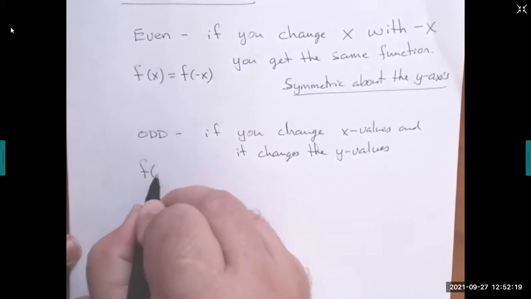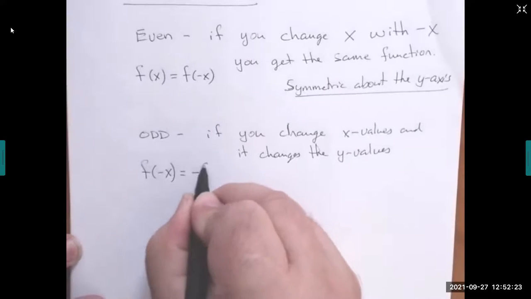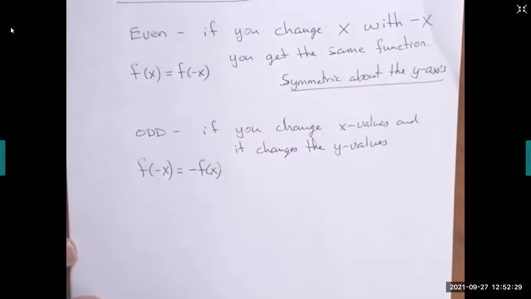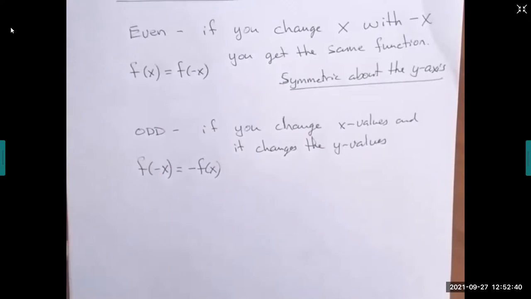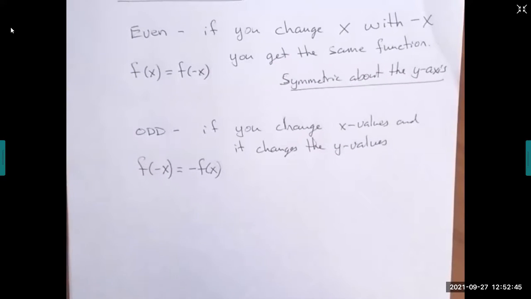So if I put a negative x in my function, it makes the entire function negative. Okay, this is the formal way of defining it. And this is what I told you, this way is a lot easier than changing the signs and everything.